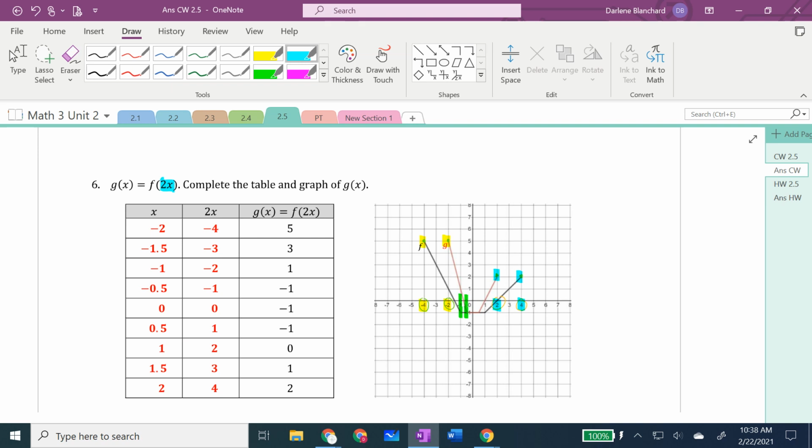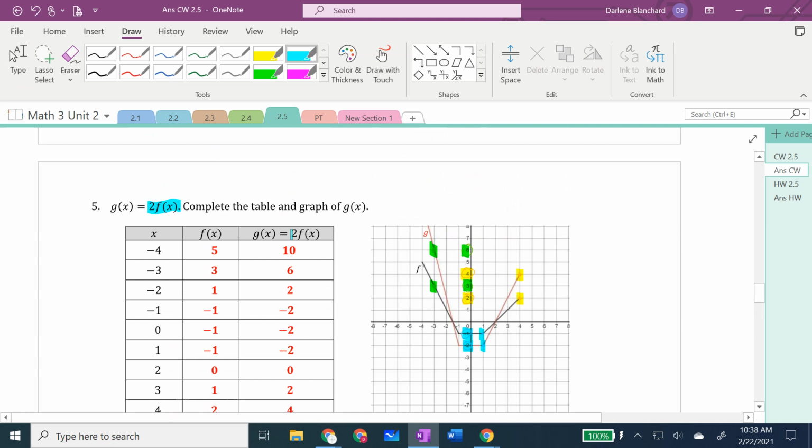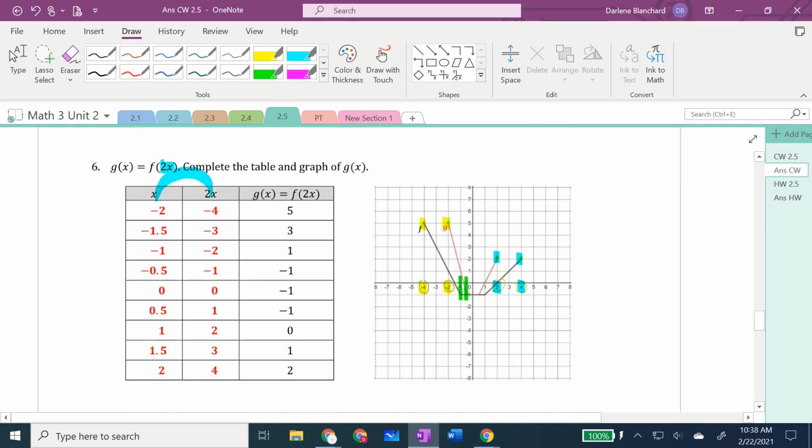You always do the opposite operation horizontally because you're actually having to go backward. Whereas when the operation happens outside the function, you're heading forward. So you do the operation to the y values. But to go backward, you do the opposite operation.